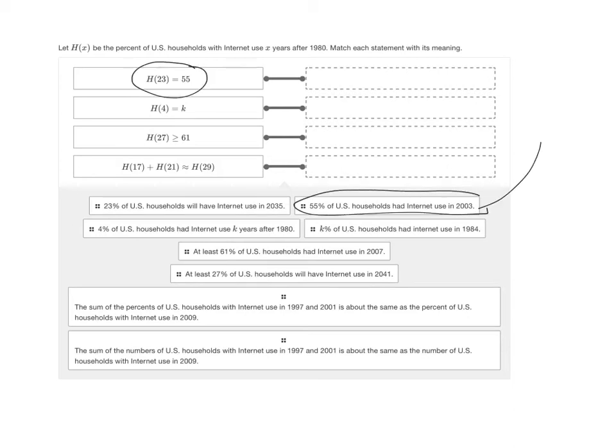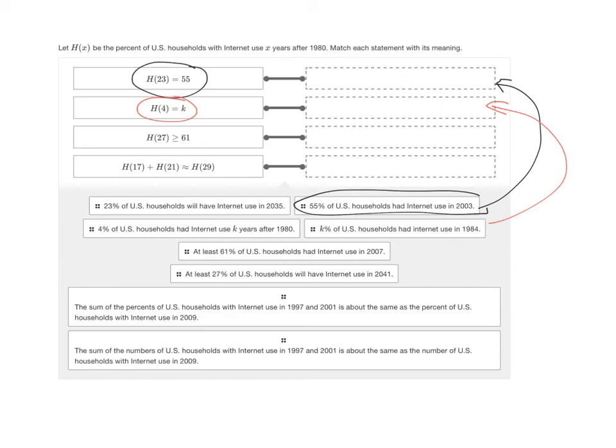So this one is going to be right here. 1980, 4 years after that would be 1984. And in 1984, there will be K percent. Let's see if we can find that. K percent of households in 1984. So that one is the second one.